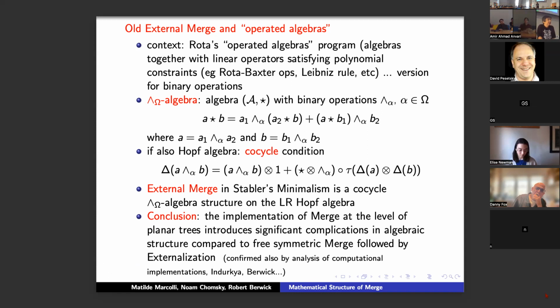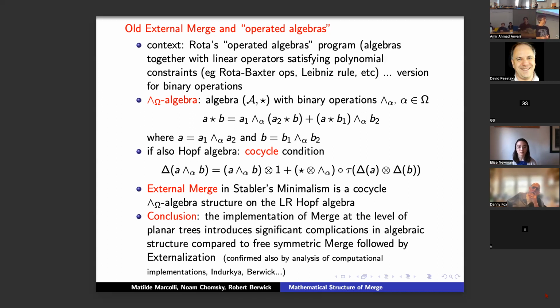And you would like to have one notion of merge that gives rise to everything that you need to use. But in this setting, you cannot do that. So in this setting, internal and external merge have very different algebraic properties. They give rise to different algebraic structures. So they simply cannot come from one single operation.